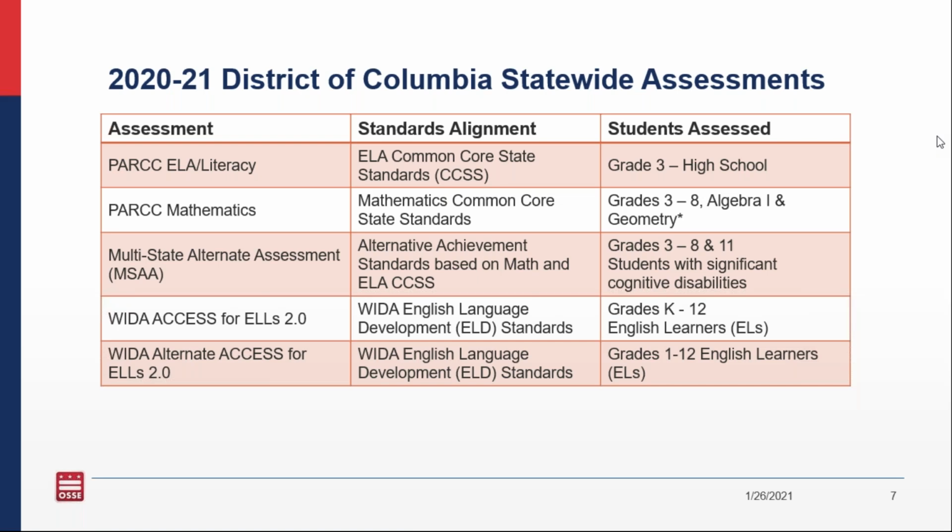And we have our PARCC assessment, which we will focus on today, which will take place April 5th through May 28th for our online testing, and for our paper testing with accommodations only, April 5th through May 21st. There is a remote testing or in-person option for our PARCC administration.